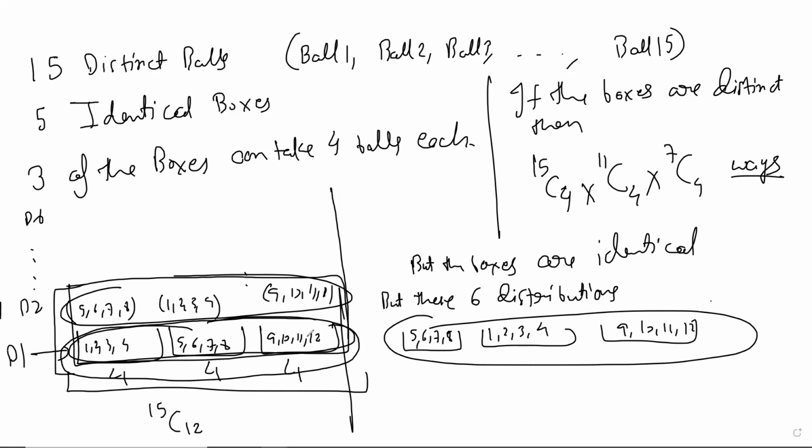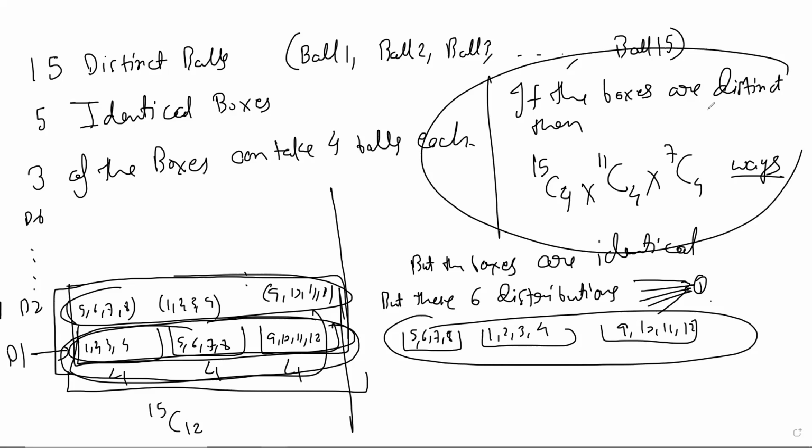If the boxes are identical, there's no way to say that this distribution is different from this. They are the same. So 6 different distributions in the distinct case collapse to the same distribution. Every 6 becomes 1, and so if you divide by 6, that 6 is coming from 3 factorial.